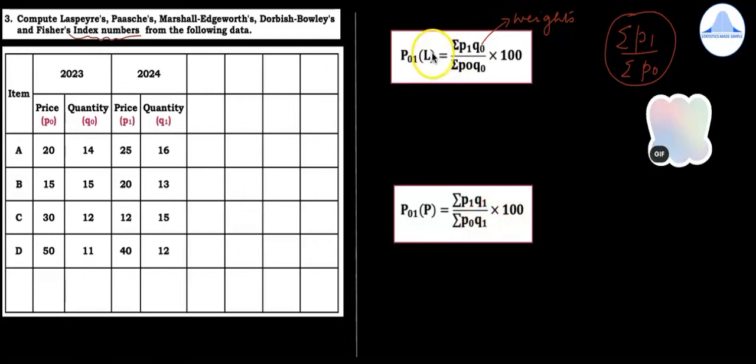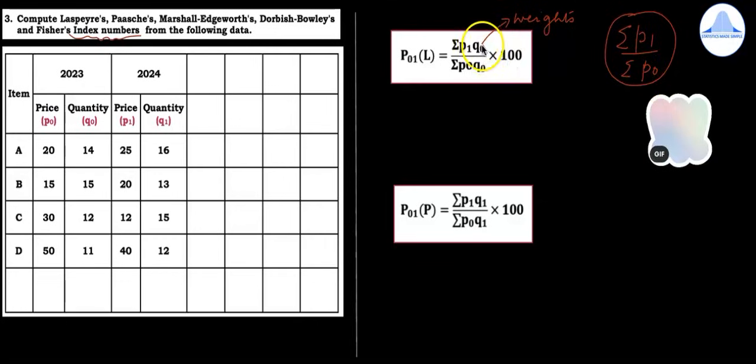So if you remember Laspeyres and Paasche's correctly, then Marshall-Edgeworth, Drobisch-Bowley and Fisher's is very easy to remember. So make sure that you learn Laspeyres's price index number and Paasche's price index number formula correctly. I've taught you an easy way to remember. First start with summation P1 by summation P0.